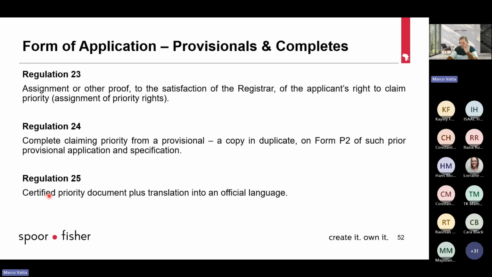And if that priority application that was filed in China is used in South Africa, you need to have a certified and verified translation into one of the official languages of South Africa. So that is where a translator attests to the accuracy of the translation of that document.